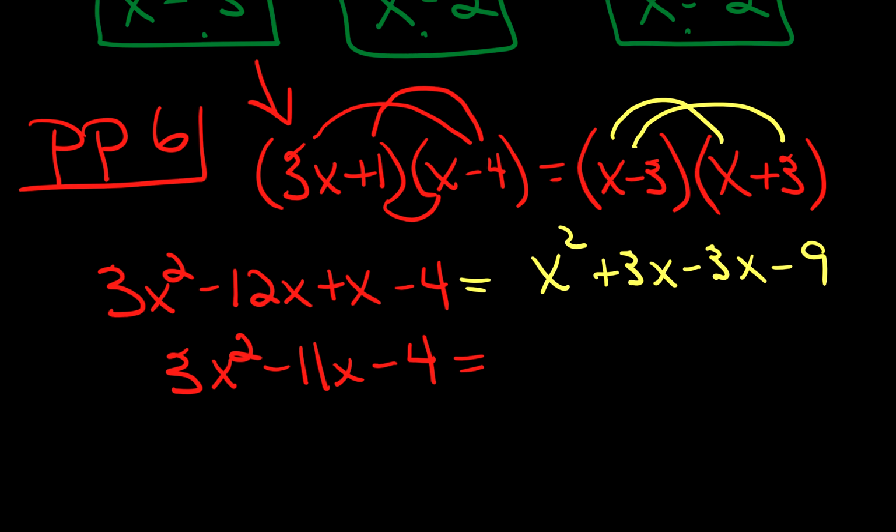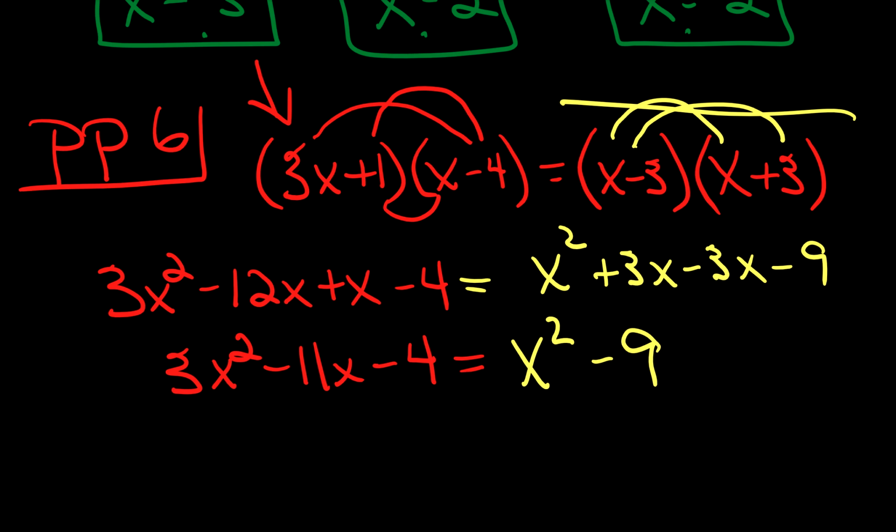I'll combine my like terms in the middle, and those cancel each other out, so I'm left with the right side of x squared minus 9. That was a difference of squares in my answer, and here's my x minus 3, x plus 3. That kind of checks out in my head.